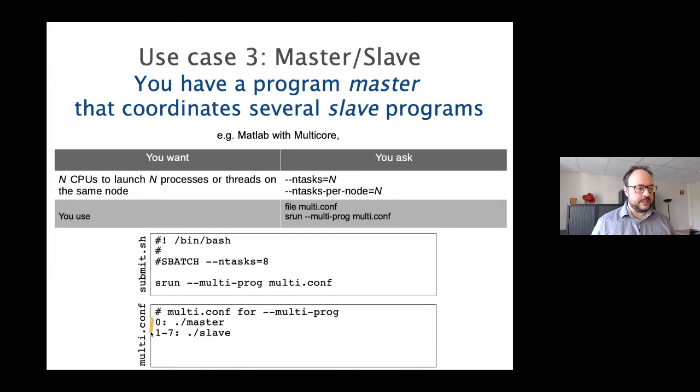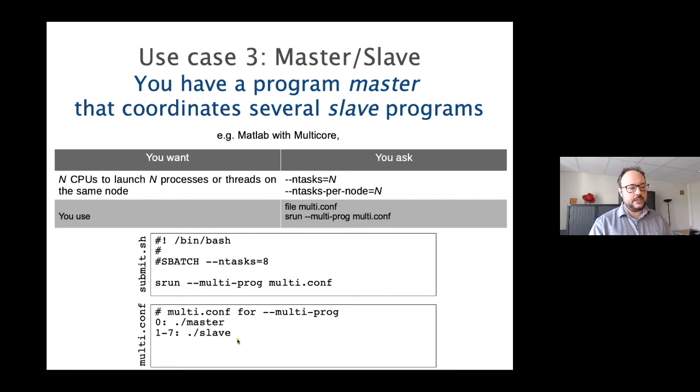And what this says is, okay, you request 8 tasks, and the first one will start the master, and tasks 1 to 7 will start the slave. And then if your program is correctly built, the master can interact with the slaves to distribute the work.